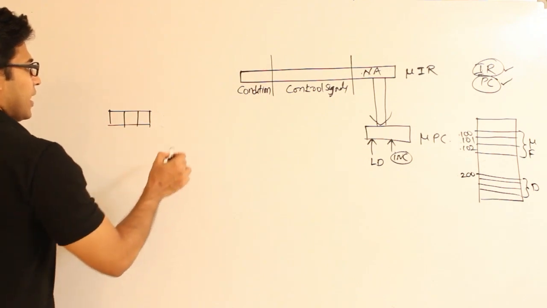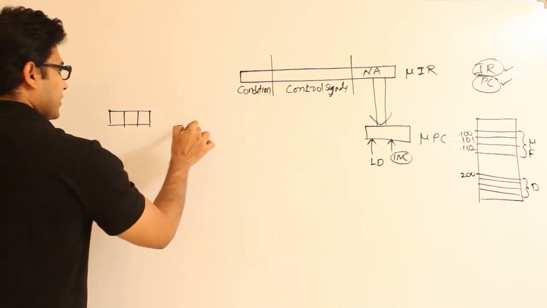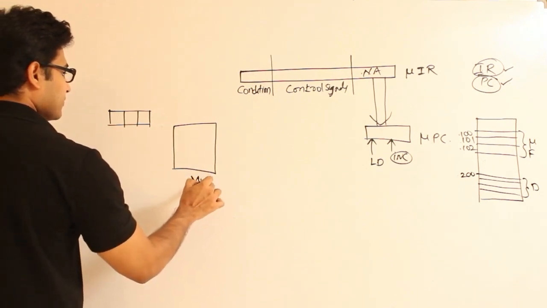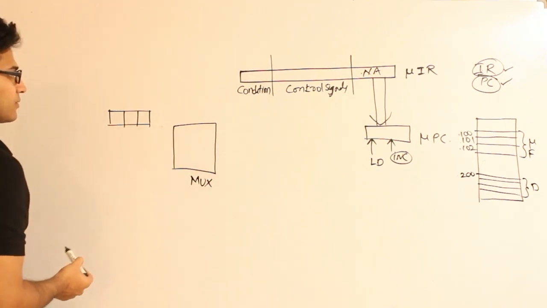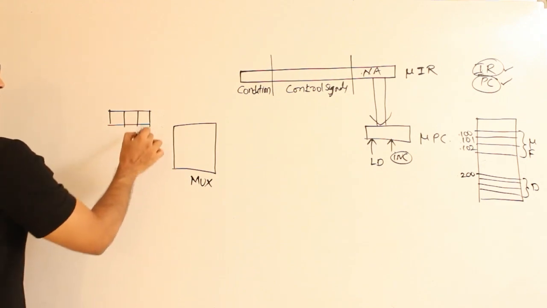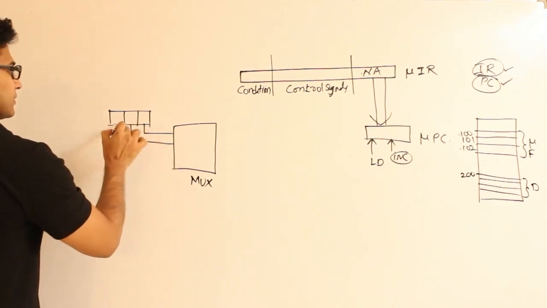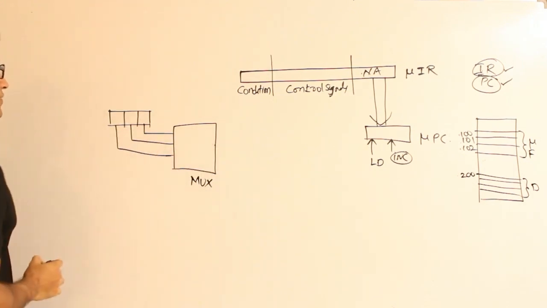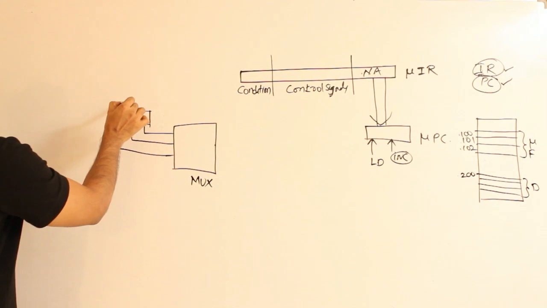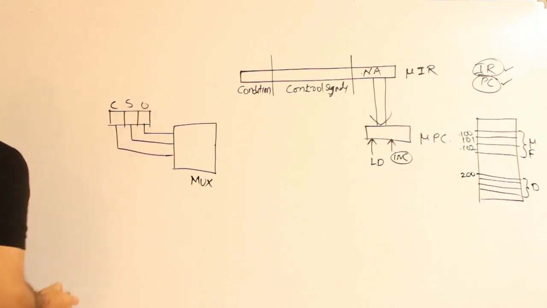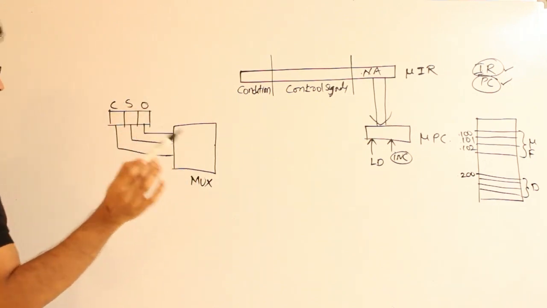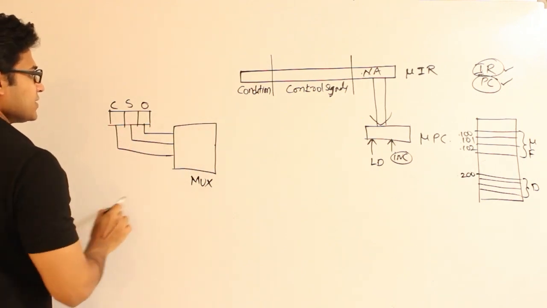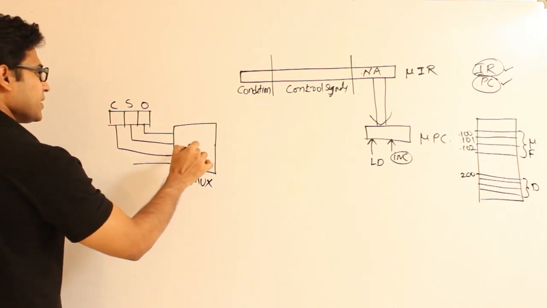Now these 3 flags will be connected to the multiplexer, like this. And the output of the multiplexer depends on what this flag is. One may be carry, other may be sign, other may be overflow flag. Just for example I am taking this. In order to choose one of these, let us say this is a 4x1 multiplexer.